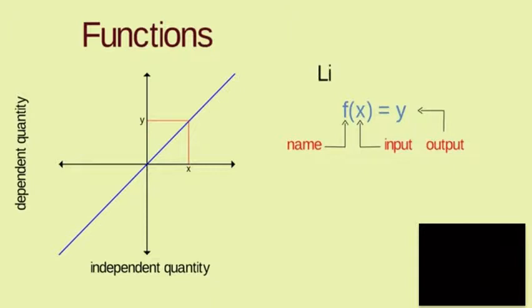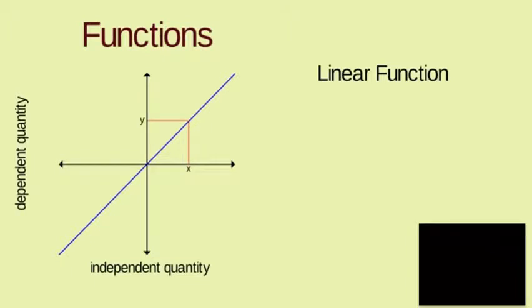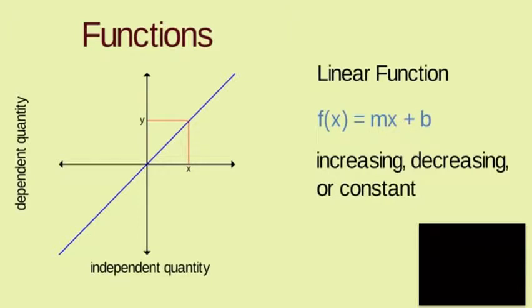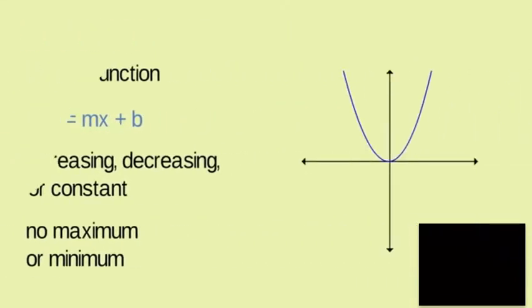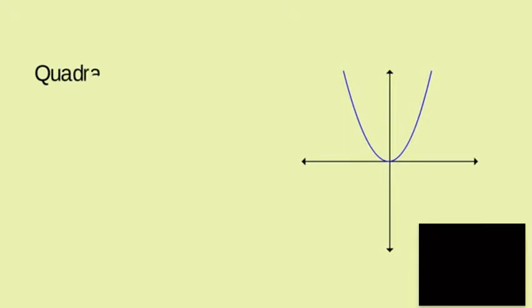The kind of function shown graphed here is a linear function. It is a straight line. You can write the equation for a linear function as f of x equals mx plus b. Linear functions can be increasing, decreasing, or constant. They do not have maximum or minimum points. Here is a graph of a quadratic function. The graph of a quadratic function is curved in a U shape.